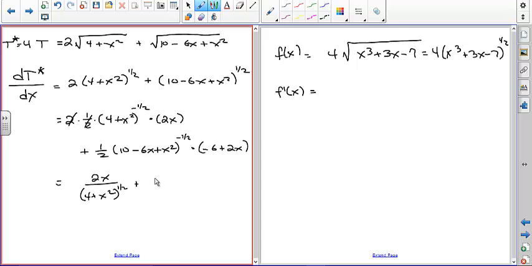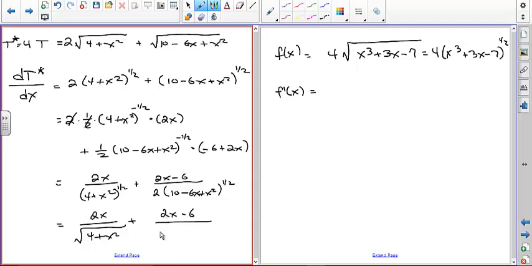And over here, I'll have 2x minus 6, I changed the order there, divided by 2 times 10 minus 6x plus x squared to the 1/2 power, and then ultimately I can change that to the square root of 4 plus x squared, and over here I can do the same thing. So I have 2 times the square root of 10 minus 6x plus x squared. So do this one as well. See what you get.